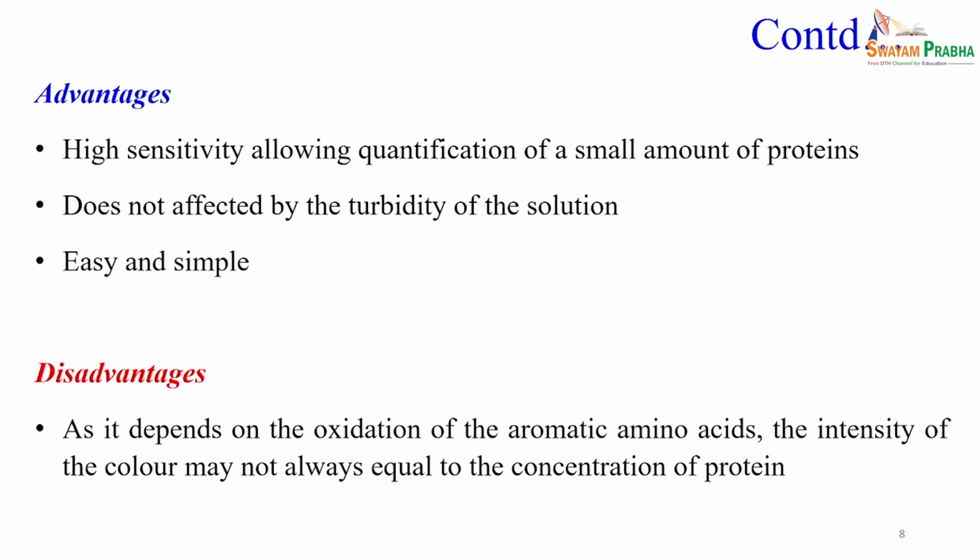The disadvantage is that it depends on aromatic amino acids, so the intensity of color may not be proportional to the concentration of protein, because it depends on the particular amino acid residues.